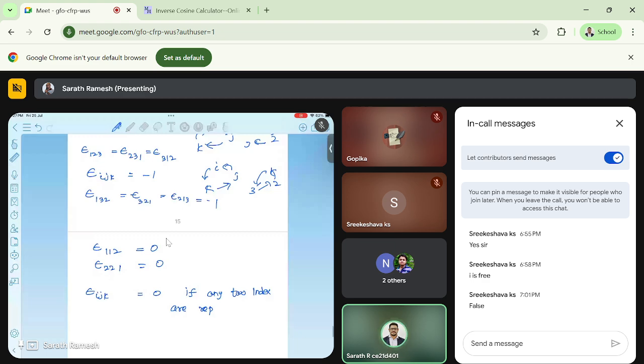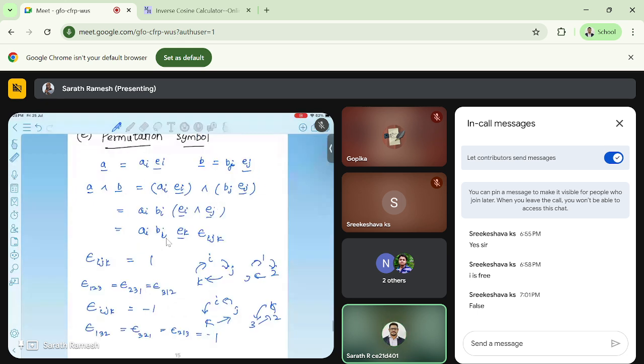We use it for the cross product. Similar to Kronecker delta, if i and j are not equal it is 0, and if i and j are equal it is 1. But here, if two vectors are parallel, their dot product is 1, and if two are perpendicular, their dot product is 0, whereas here this is the cross product case.